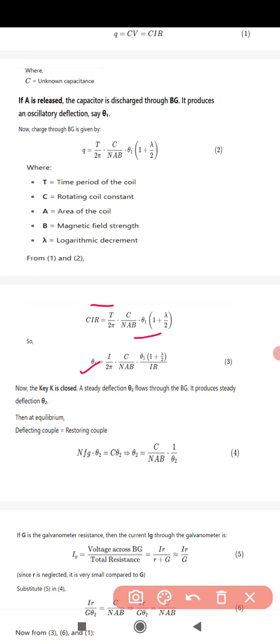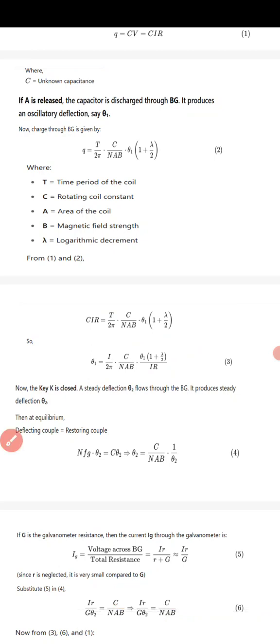Rearranging the above equation, we get theta 1 in terms of I into R. So, now we get the equation.